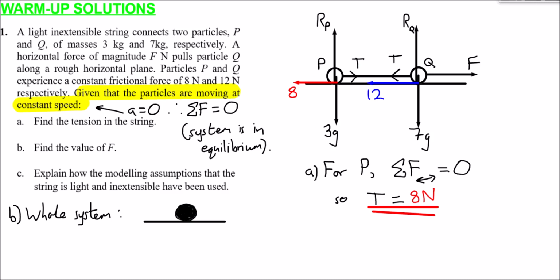So the net force acting to the left will be the sum of these frictional forces, 8 plus 12, which is 20. The internal tensions will cancel, and the only force acting to the right, therefore, is just simply F. The system's in equilibrium, so we can now deduce that F must equal 20.